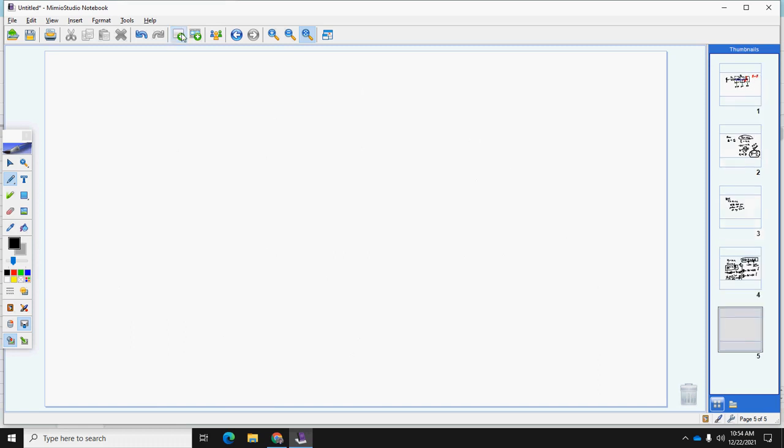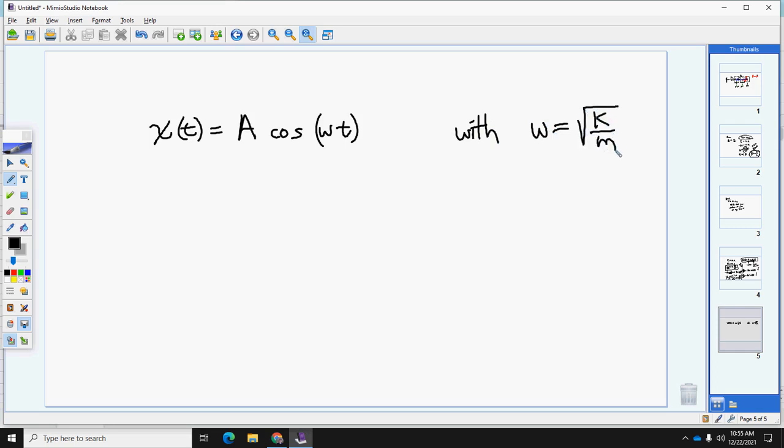motion. We know we have x of t equals A times cosine omega t. And I could write square root of k over m for omega, but usually people just write that on the side, with omega equal to the square root of k over m.